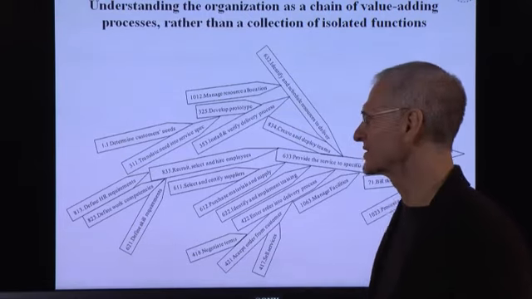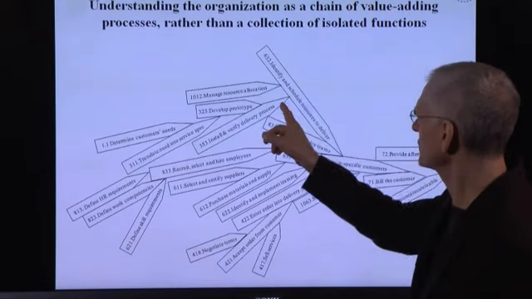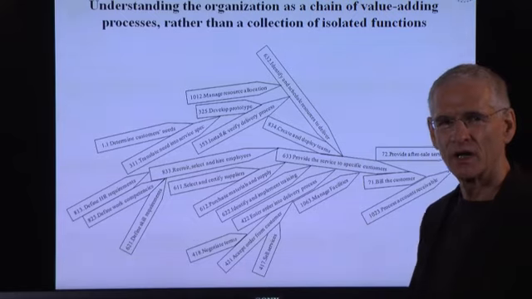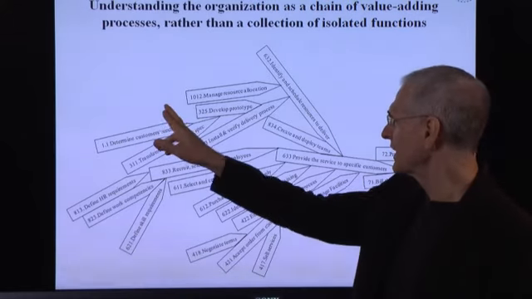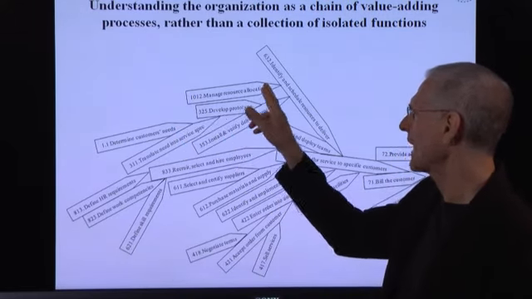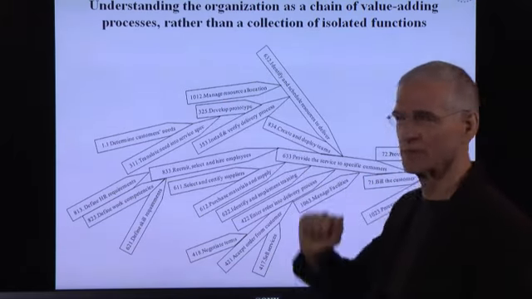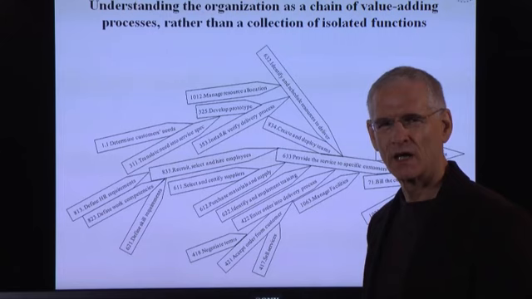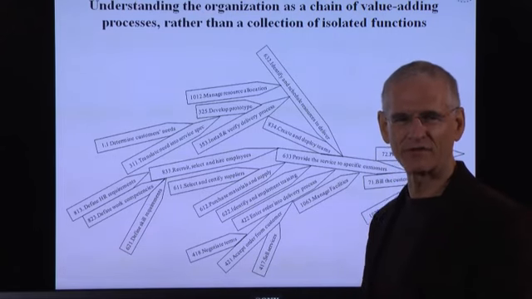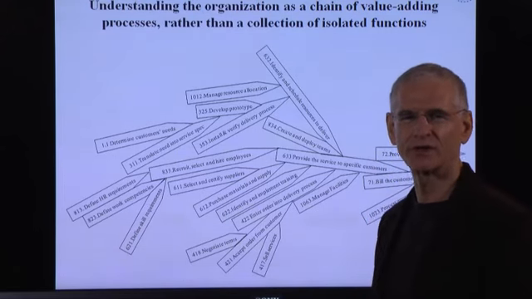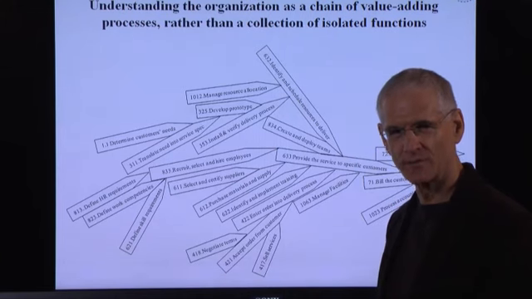Let's look, for example, each arrow here represents a process with input coming in, output going out, transformation, verb in between. Each of these processes is taken from the APQC, American Productivity and Quality Center's model.